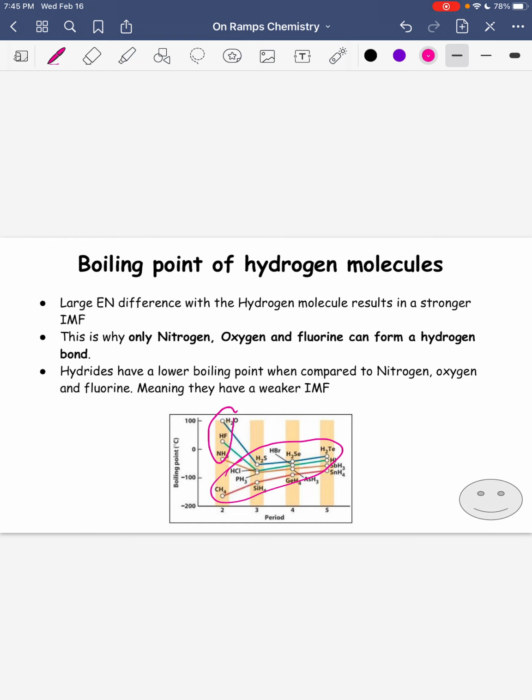It turns out that their hydrogen bonding is a stronger intermolecular force. So this is why only nitrogen, oxygen, and fluorine can form a hydrogen bond. Just because you have a hydrogen in the molecule, like HCl, does not make it a hydrogen bond.